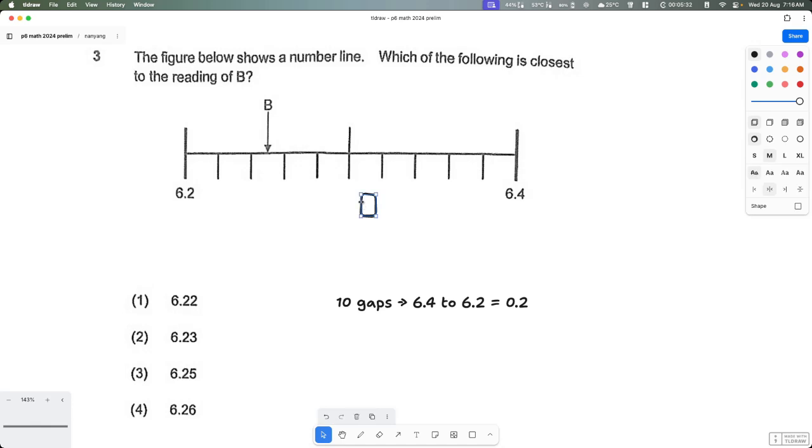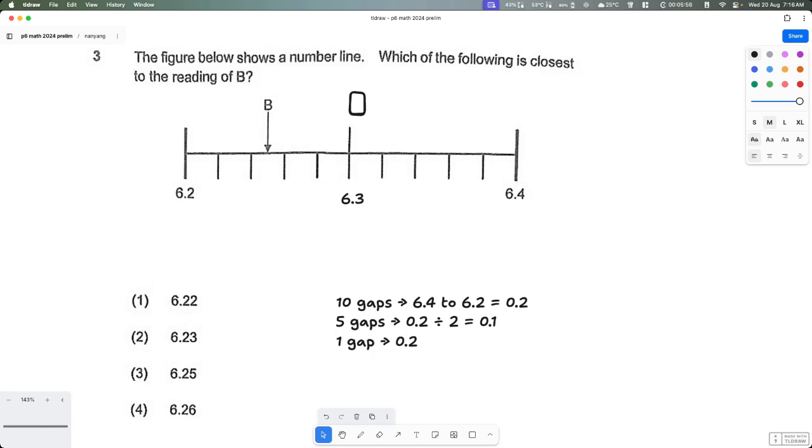So this is 5 gaps. So 5 gaps is equal to 0.2 divided by 2, which is 0.1. So that means this over here is 6.3. Okay, so now we know that is 5 gaps. Then we know one gap as well, which is basically 0.20 divided by 10, which is 0.02. Okay, so this is one gap.